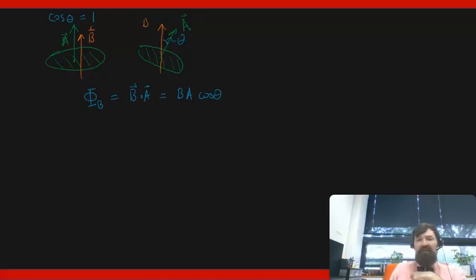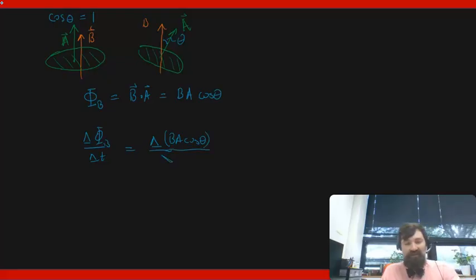You're looking at BA cosine theta, and so when you're trying to figure out what is the rate change of phi B, what you're really trying to figure out is what is the rate at which this whole quantity B times A times cosine theta is changing.